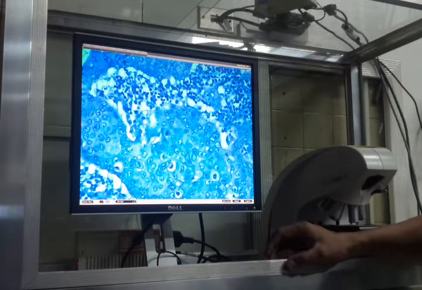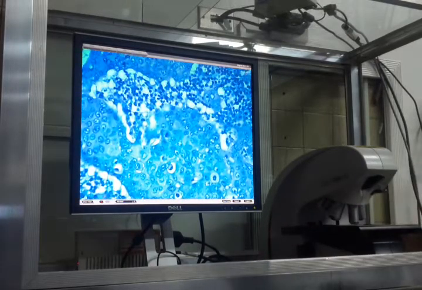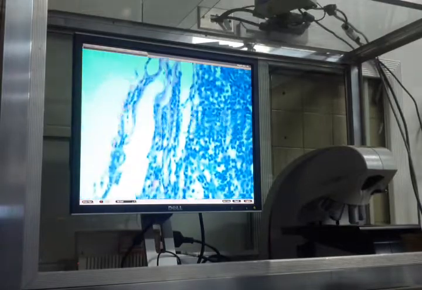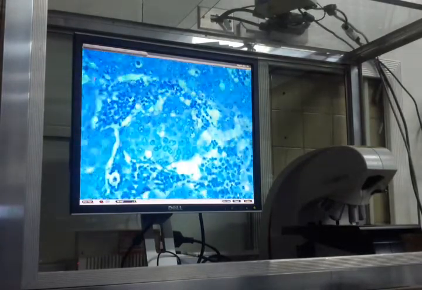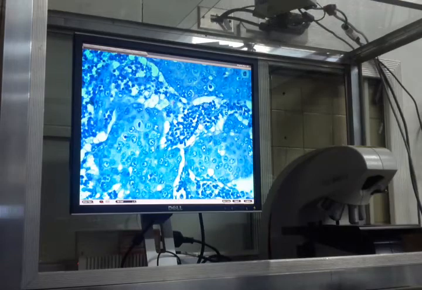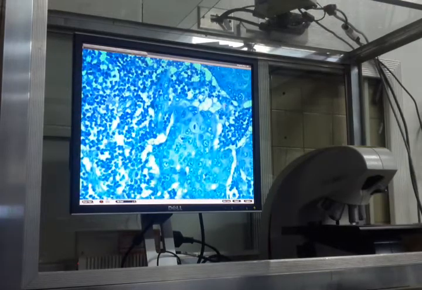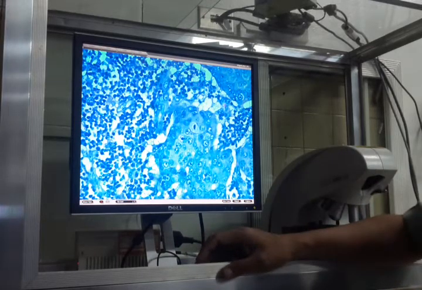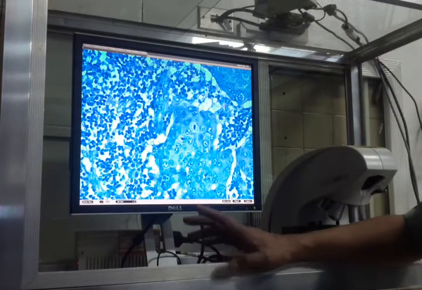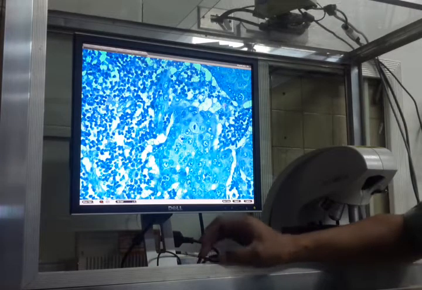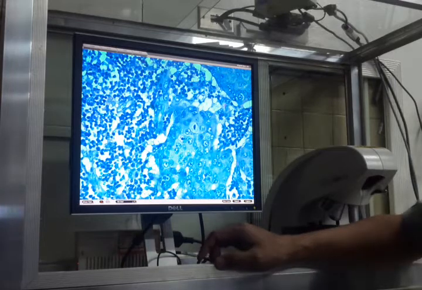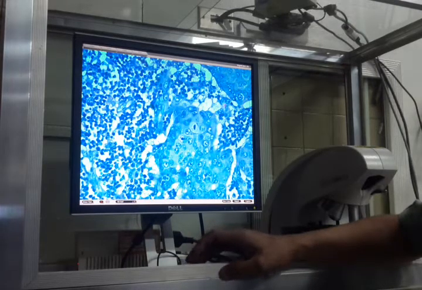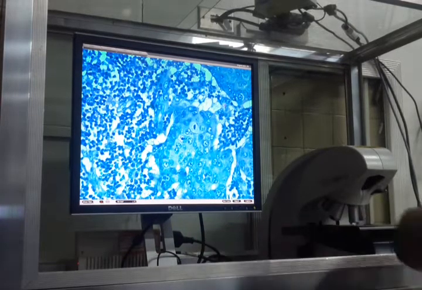Taba ba yan? Sino nagsasabing taba? Buto ba? Cartilage ba? Fibrous tissue ba? Dugo ba yan? Macrophage? Fibroblast? Ano pa ba?